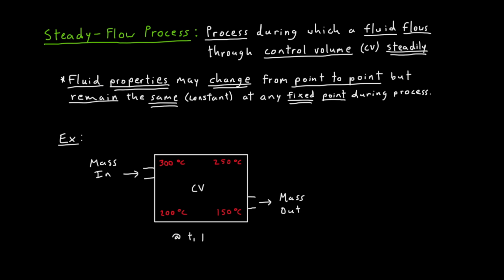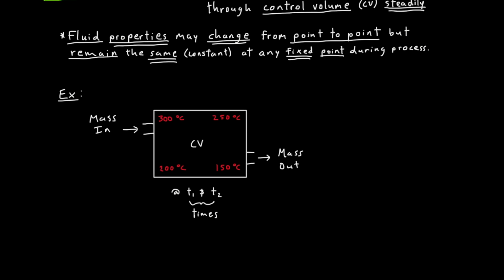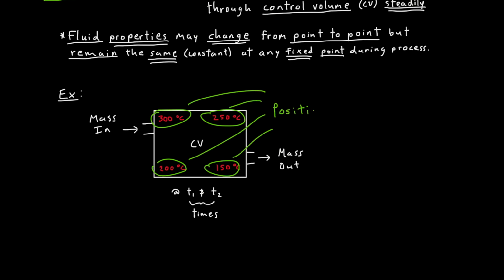And now let's say that this represents the control volume at two different times, T1 and T2. And now let's say that this system is supposed to represent a steady flow process. Each of these temperatures are of course located at different positions. And so we can say that the temperature varies at different positions.